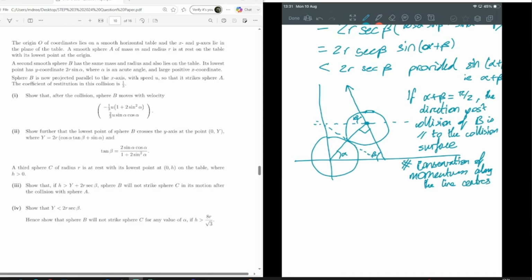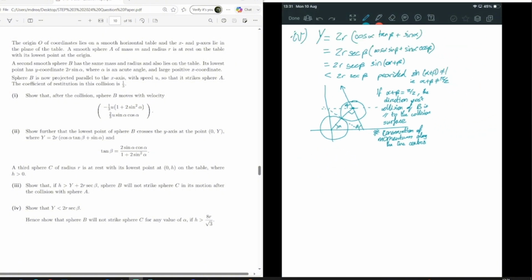If we did travel in that direction, the momentum in this direction would not be conserved, so it can't be. So alpha plus beta cannot be pi by 2, so we do indeed get the fact that y is strictly less than 2r sec beta.